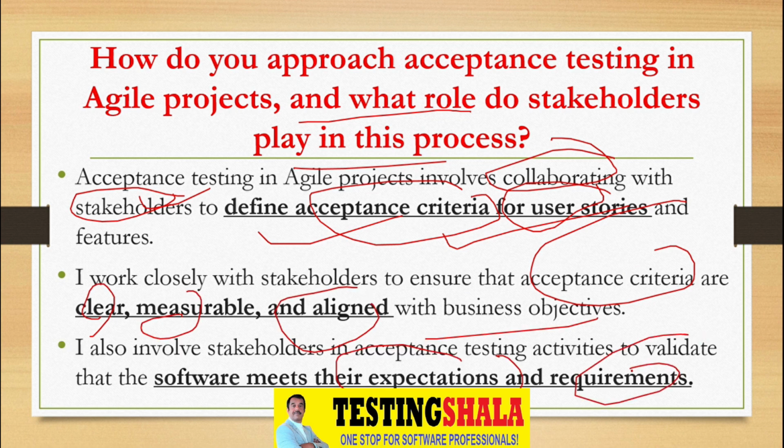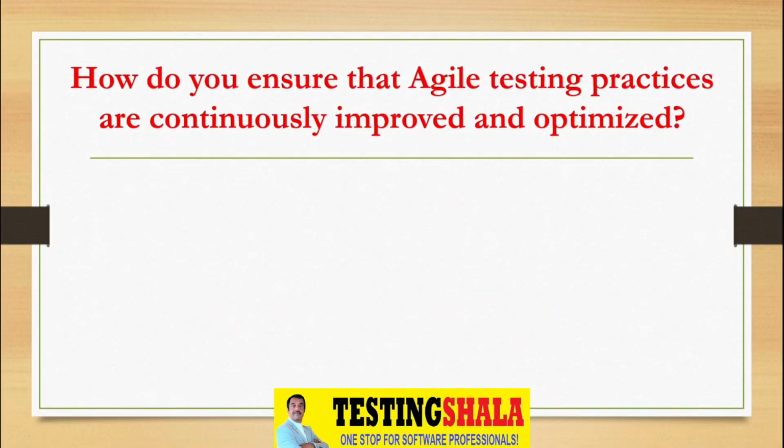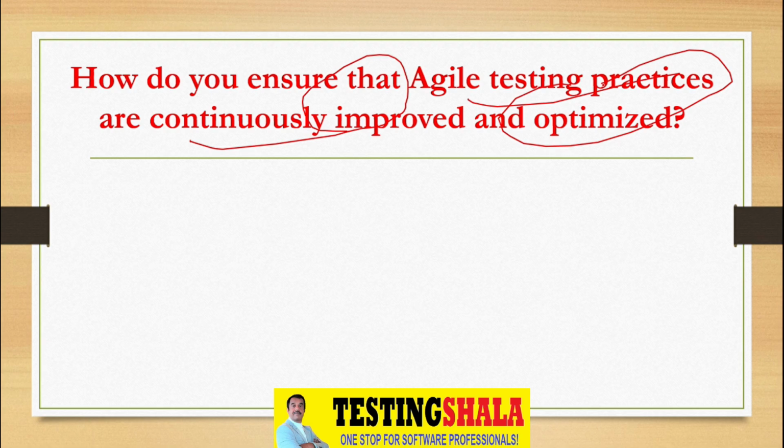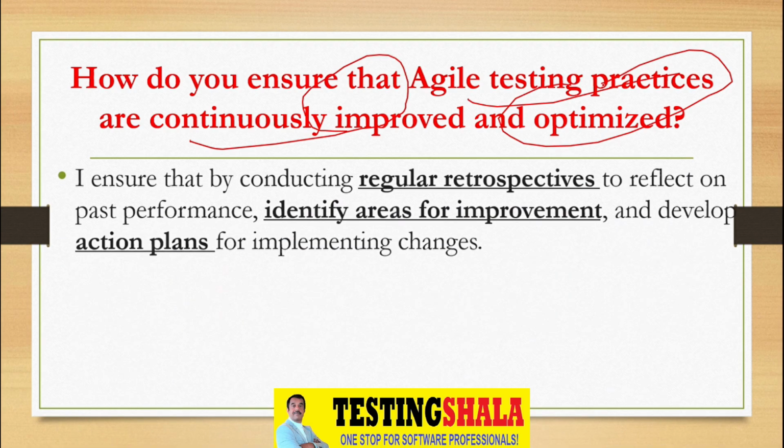And how do you ensure that Agile testing practices are continuously improved and optimized? In Agile testing, we normally do a regular retrospective after our sprints, and we should also work on areas of improvement. By doing retrospectives and identifying areas of improvement, we will develop an action plan for the next sprint so that we can adopt these learnings.